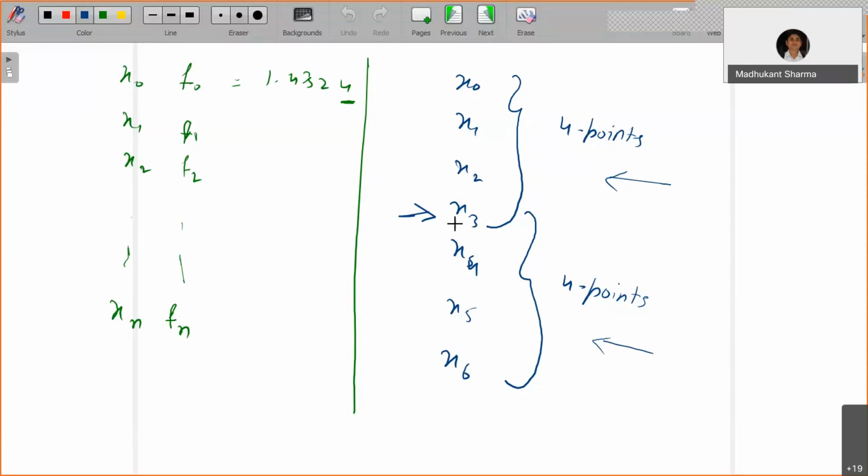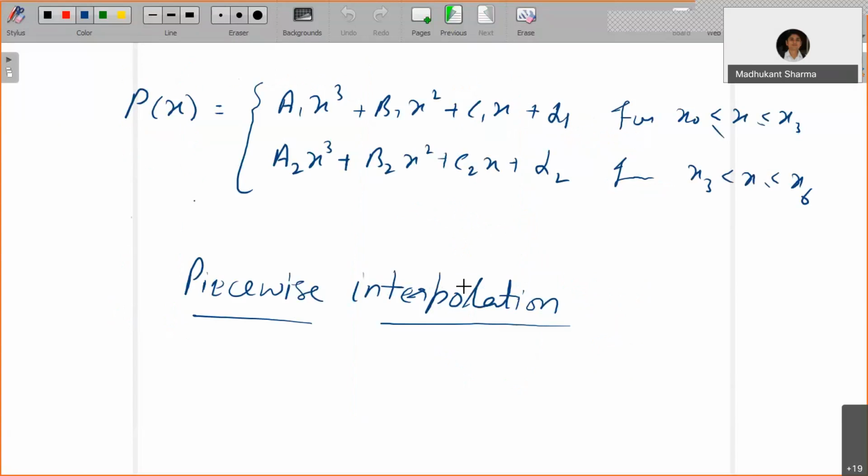And to keep the continuity here, we have started from x3 onwards. Okay, right. So let's go into more detail about it.